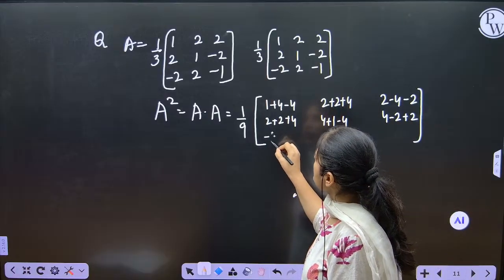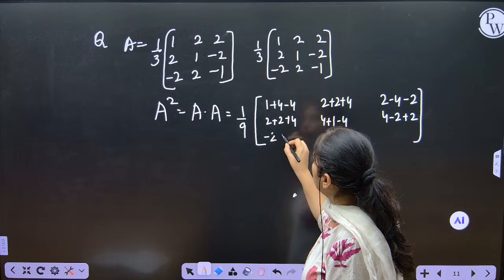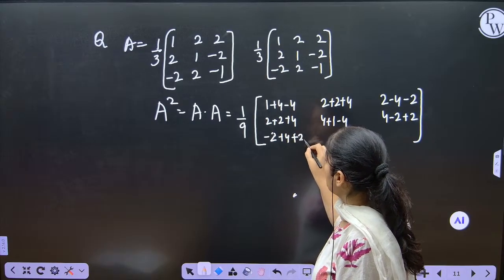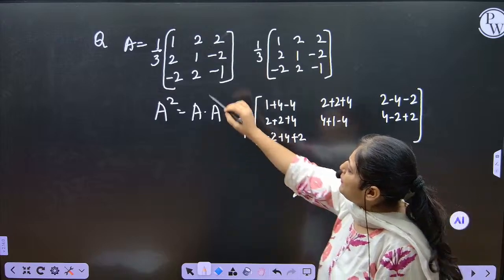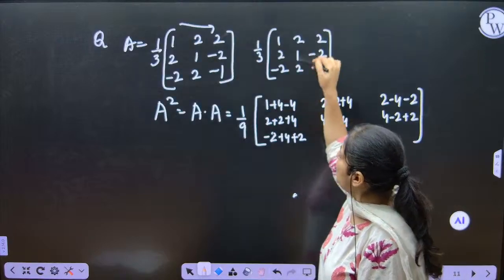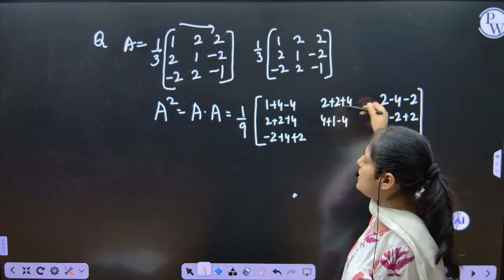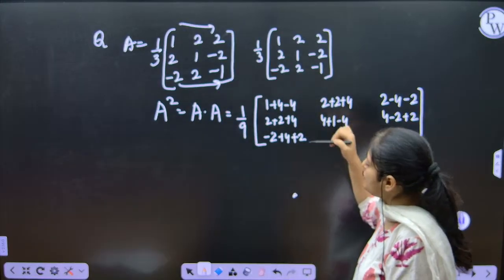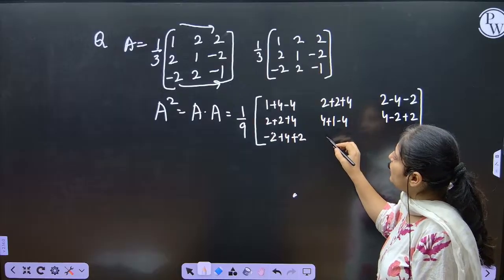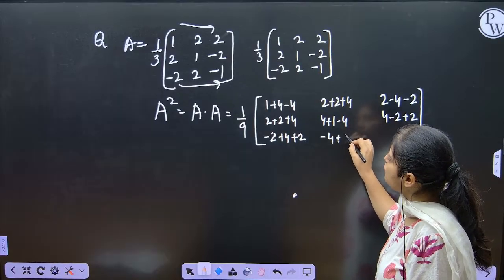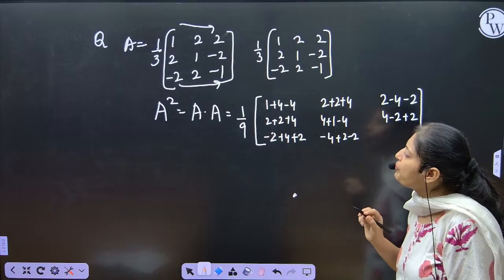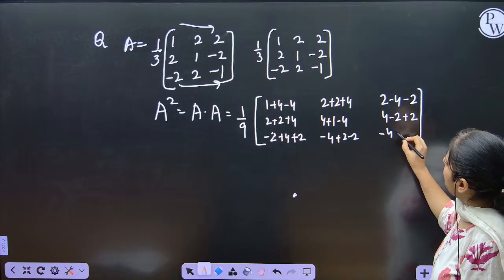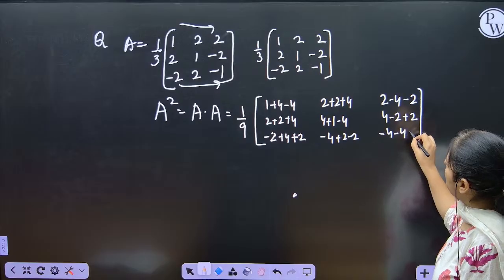Next is -2 plus 4 plus 2. First I multiplied the first row with the first, second and third columns, and these three elements came. Now I am multiplying the third row with the first column, then with the second column, -4 plus 2 minus 2, then -4 minus 4 plus 1.